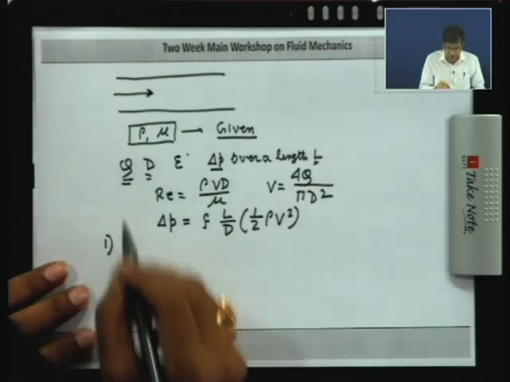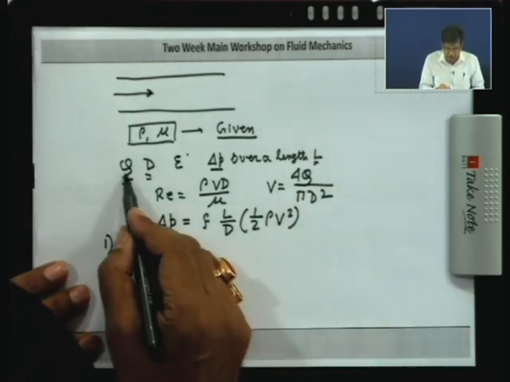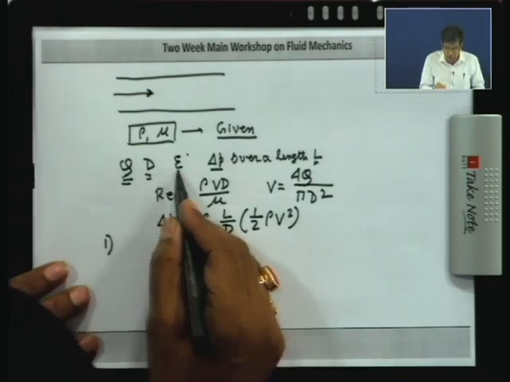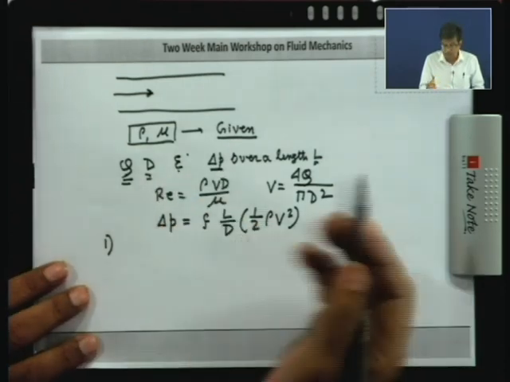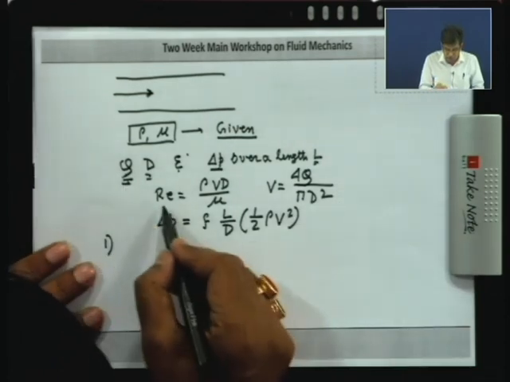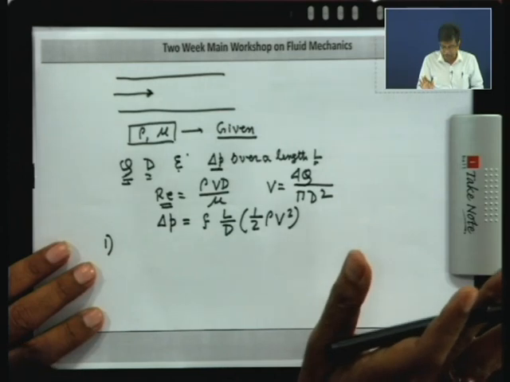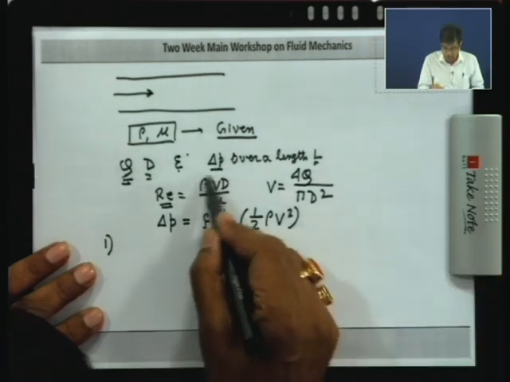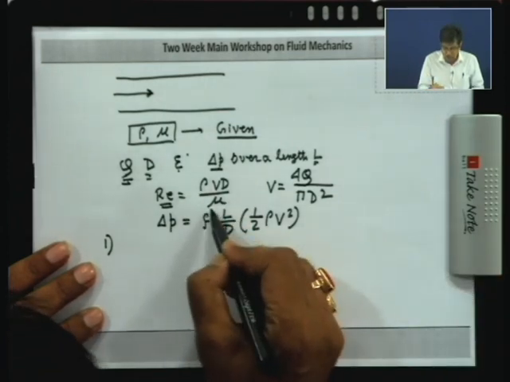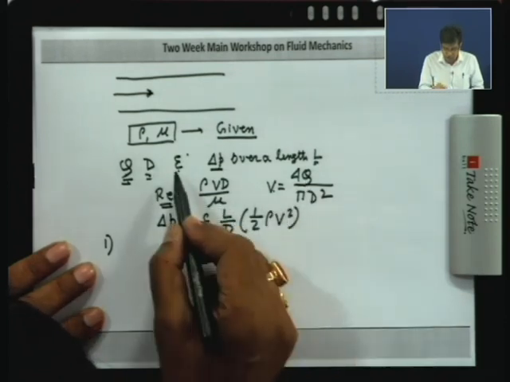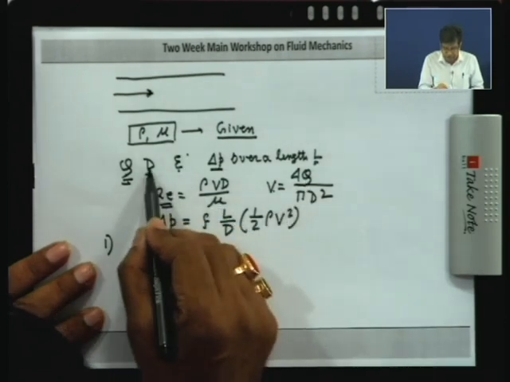In one case, we know Q, d known, epsilon known, and we have to find out delta P. This is the simplest. When Q is known, we know the value of Re. I am not solving any problem with numerical values. I tell you directly that Re is known, because we know the flow rate and the average velocity. When epsilon is known, epsilon by d is known.